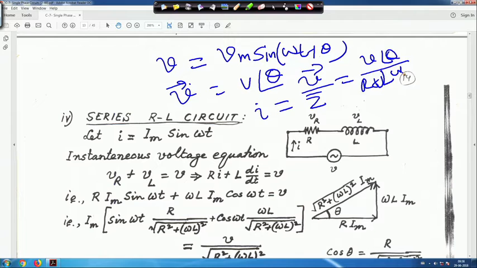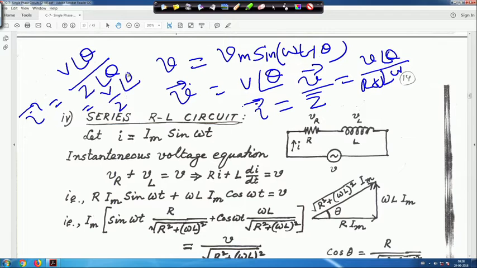So, in that case look how things will come. This is my I, also a phasor quantity. This is V at angle theta divided by Z at angle theta, where Z is equal to the square root of R squared plus L squared ω squared. So it is V by Z at angle theta minus theta, which is V by Z at angle 0 degrees.